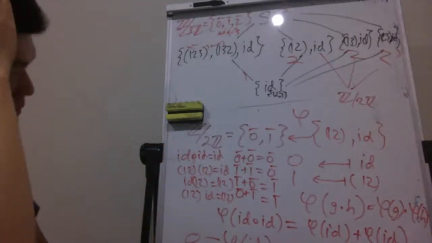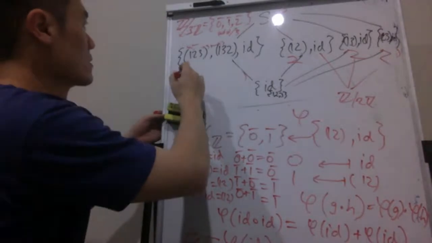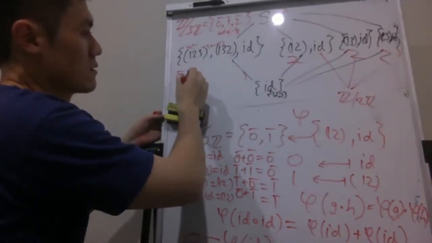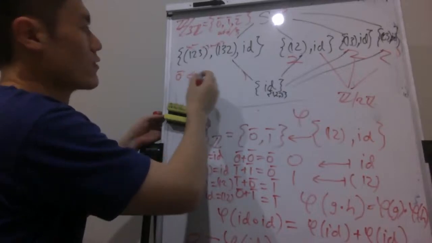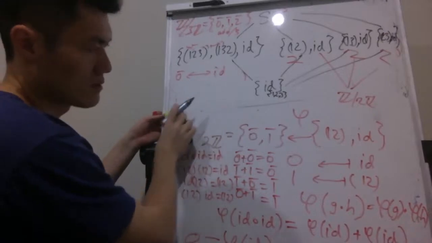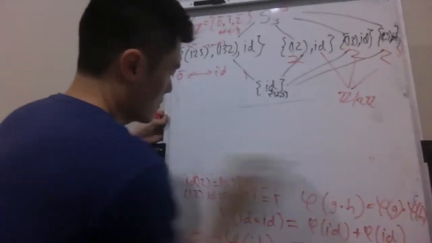It doesn't work. Identity is still 0. Okay, so tell me what we have to do. Identity goes to 0. Identity is 0, yeah? Yeah. And I guess it's reversible, so it goes both ways, yeah? Oh. I'm erasing this now. 1, 2, 3 goes to 1.